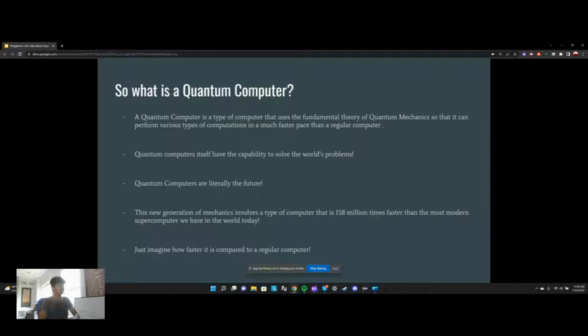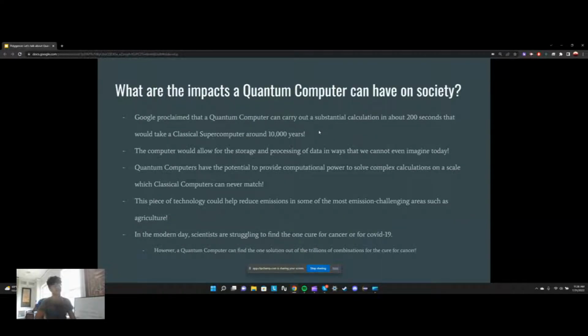All right, so what are the impacts a quantum computer can have on society? Well, what takes centuries for humans to solve, a really complex calculation, will only take minutes for a quantum computer to find.